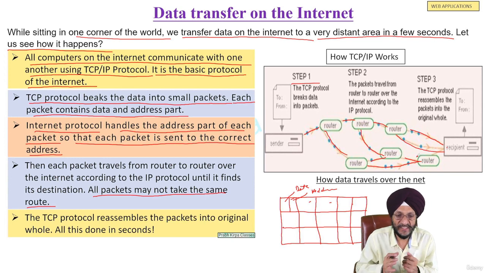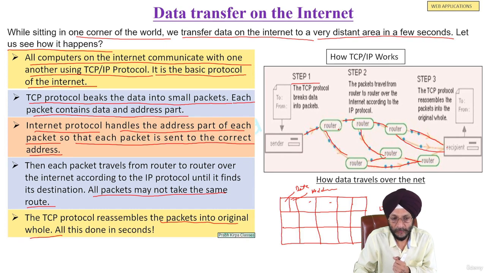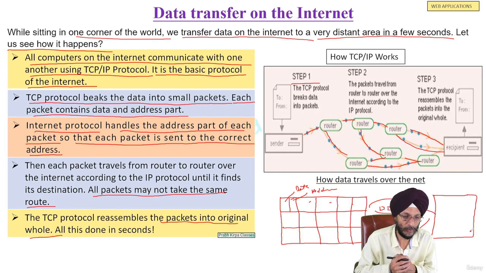But at the final destination, TCP protocol reassembles the packets into the original whole. It means that these small packets now follow different routes. Though these follow different routes, they reassemble at the final destination, and this is done by TCP protocol.